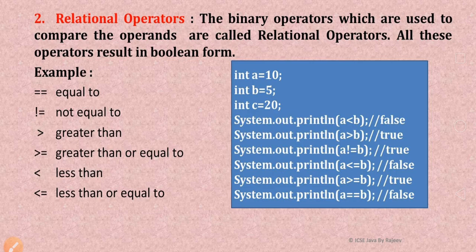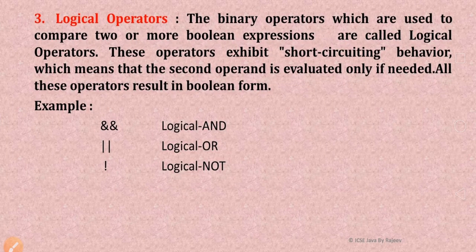Now a greater than equal to b is true. a equal to b is false. You have seen that all these expressions result in either true or false, because all these are formed with the help of relational operators. So this is all about relational operators.